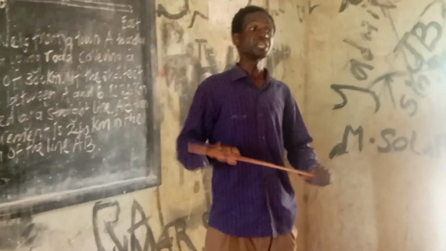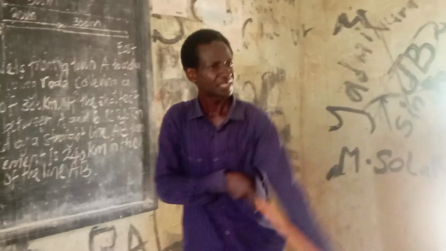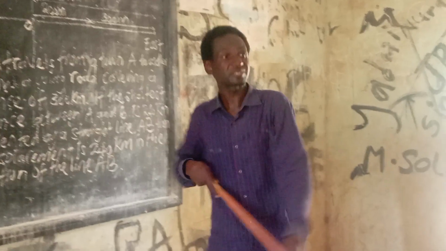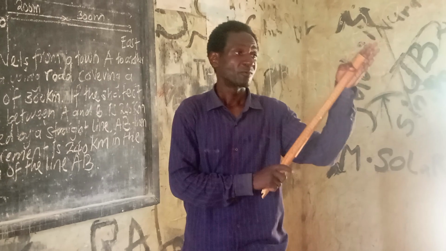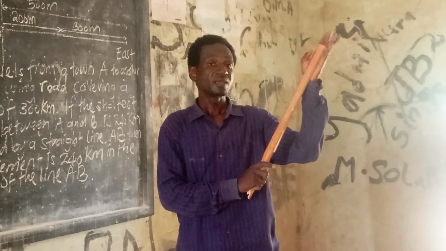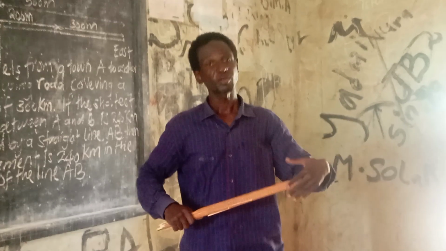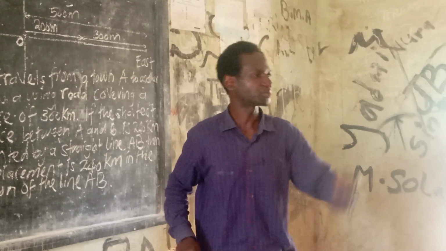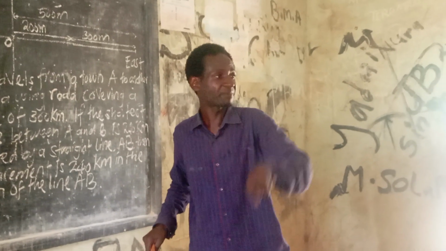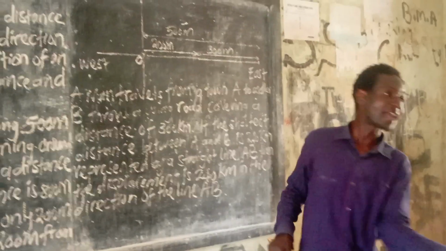But if the man traveled in a straight road from town A to town B, and when measured we found that the distance is 240 kilometers, the displacement is now 240 kilometers from town A to town B. It is not the distance covered by the man, which is 300 kilometers because he followed a winding road.